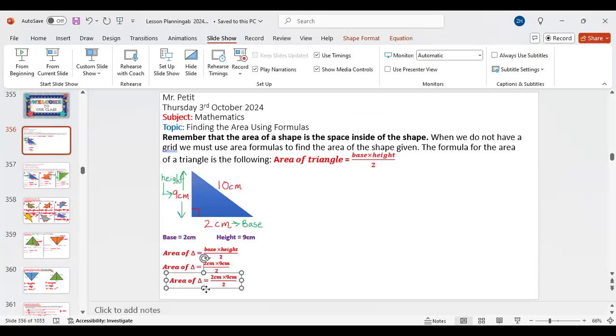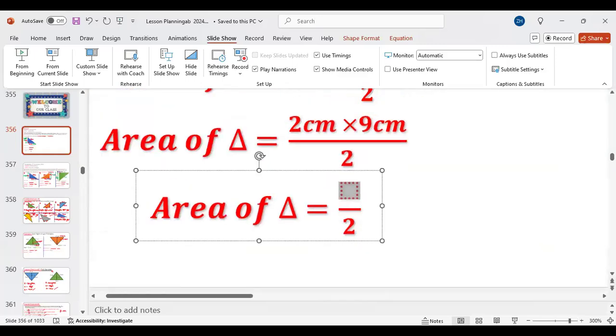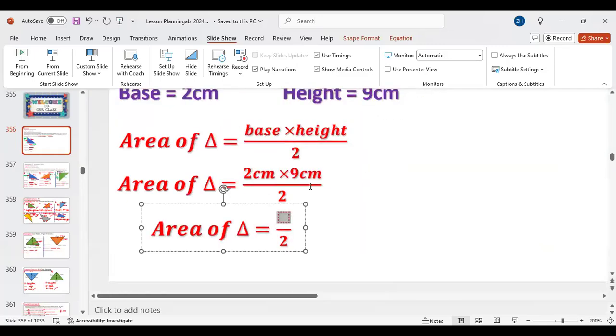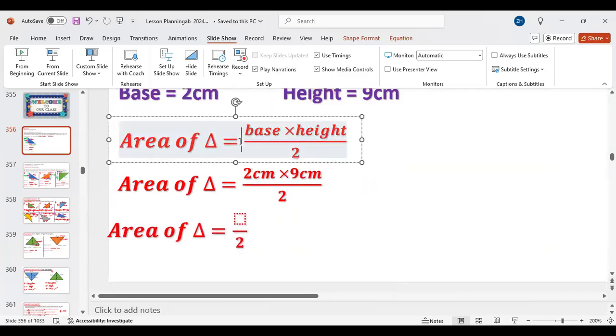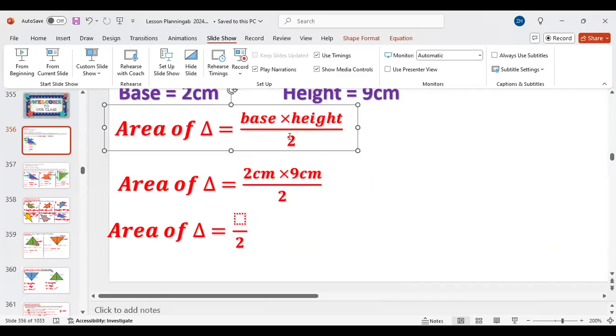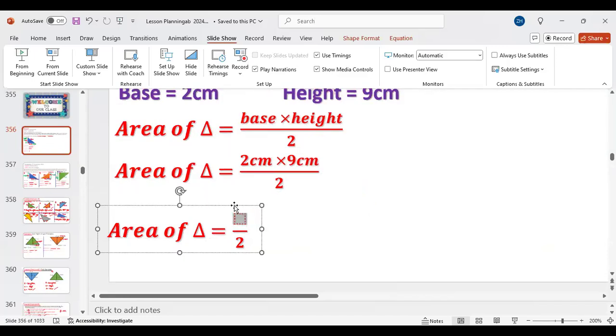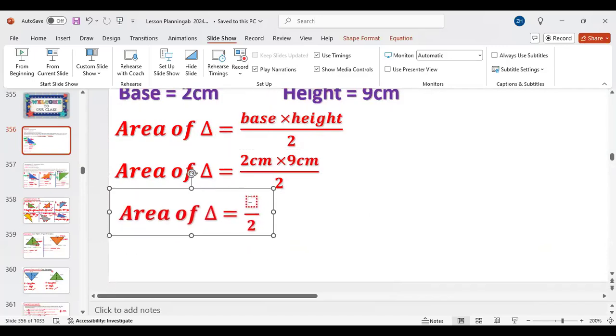Okay, let me increase the size so y'all can see it properly. So base times height all over 2 is going to be 2 centimeters times 9, and that's going to be 18 centimeters squared.